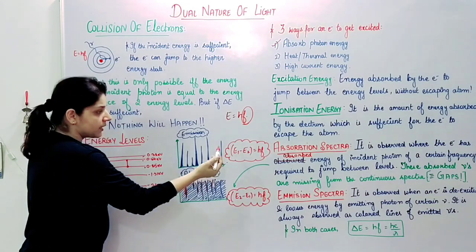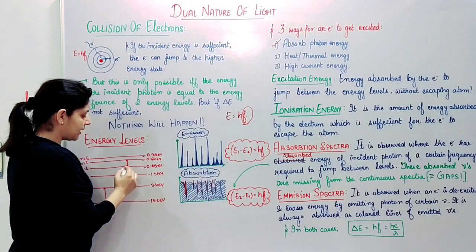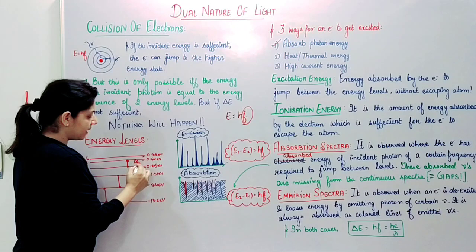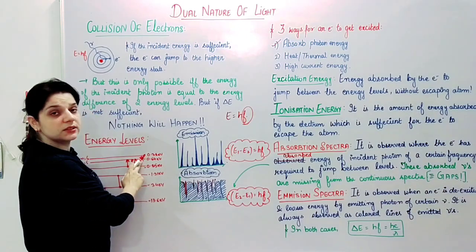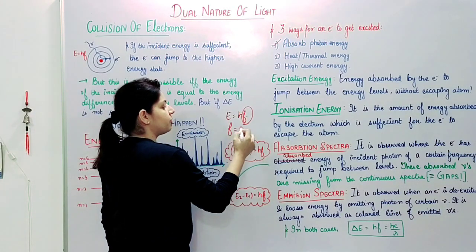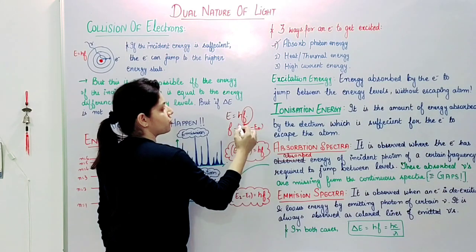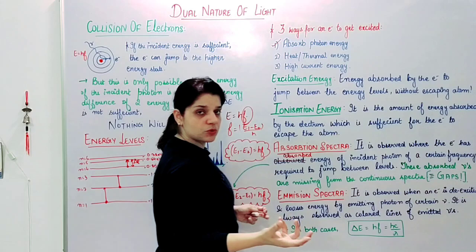So I say, since here the energy is being absorbed, that means my electron will rise to a higher level. So this delta E, E1 minus E2, will be equal to hf. So if I need to find the frequency, it will be E1 minus E2 divided by h, and I'll get the frequency which will be absorbed.